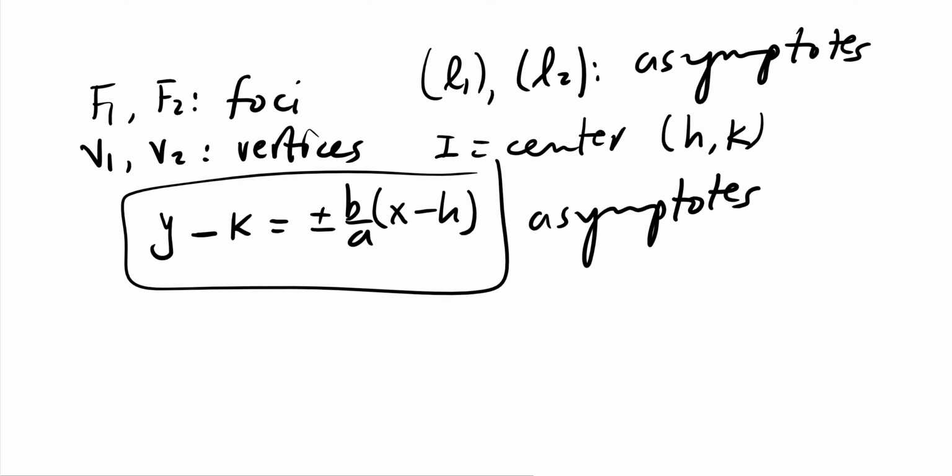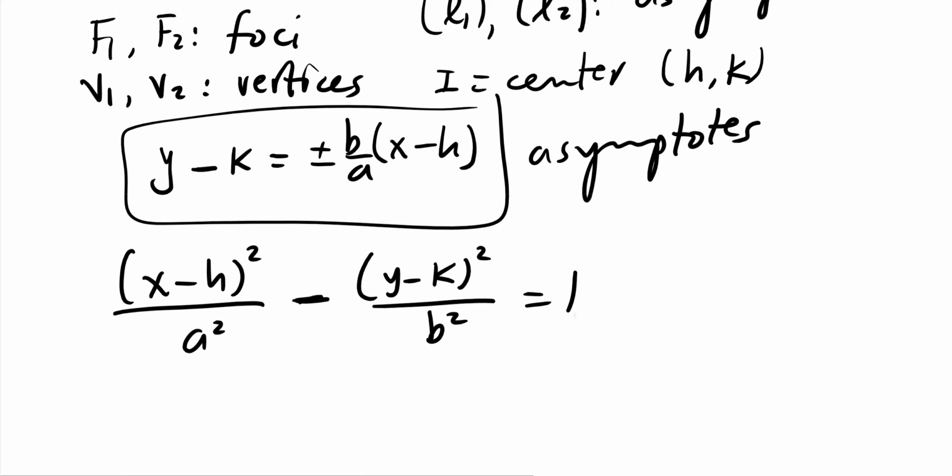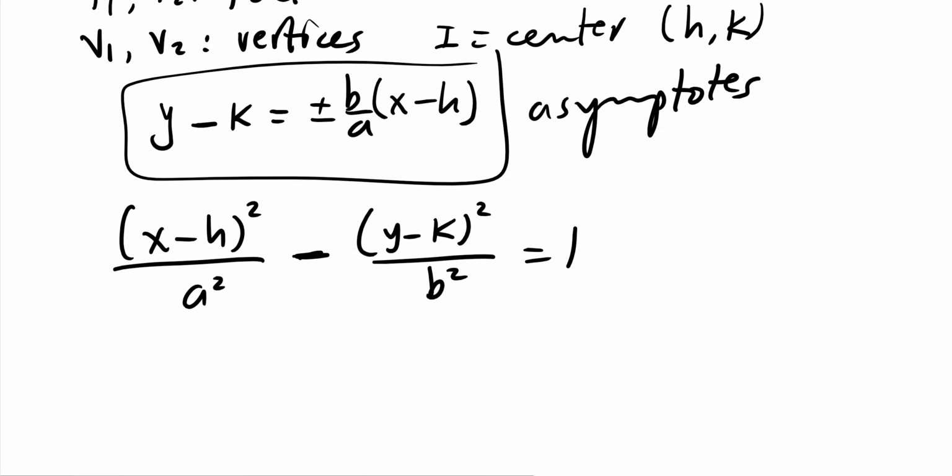The equation of the hyperbola is (x minus h) squared over a squared minus (y minus k) squared over b squared equals 1. It is almost the same as the ellipse, except the middle sign is minus instead of plus. Now a does not have to be bigger than b. A is always located in the first term.